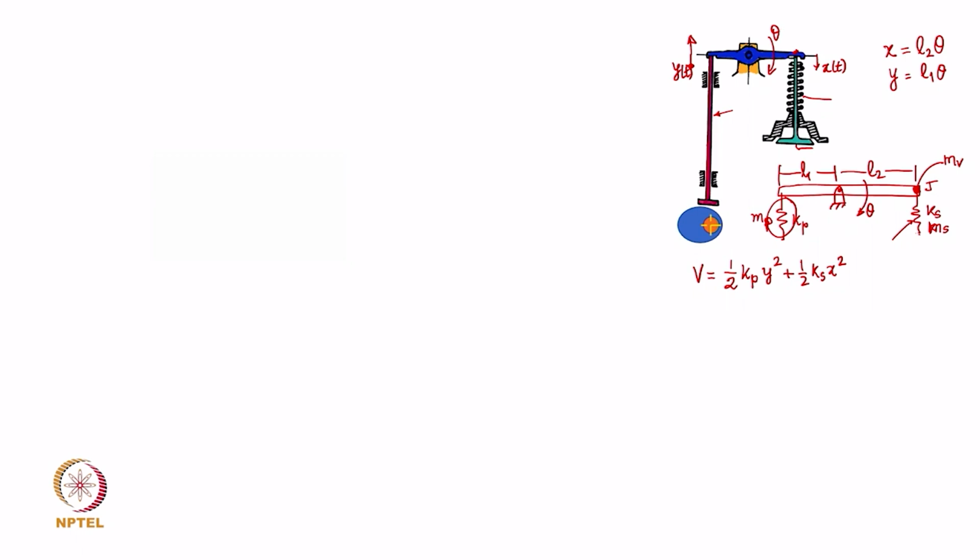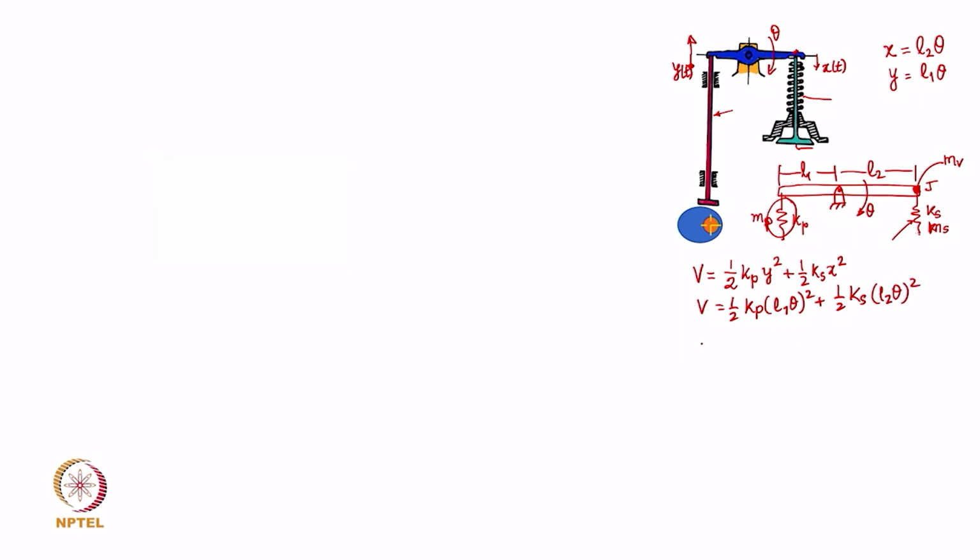All right, we will do that later, but maybe I can write this as half Kp into (L1 theta) squared plus half Ks (L2 theta) squared. So, maybe that is the revised expression of the potential energy.